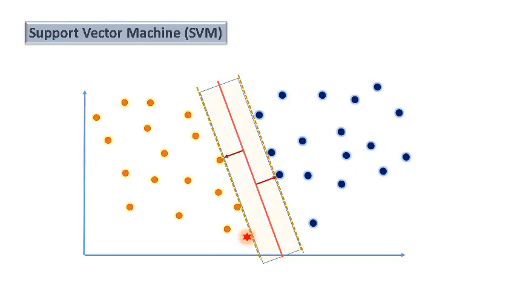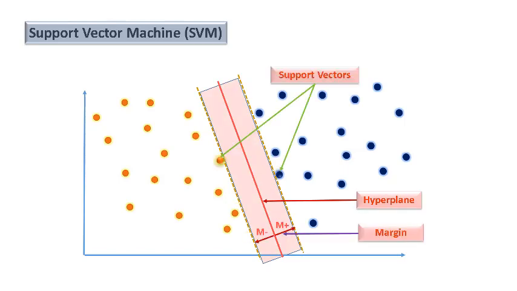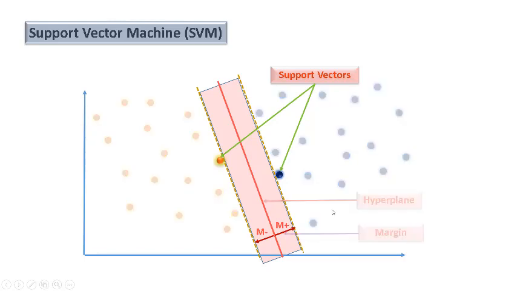The distance between these two lines will be m plus and m minus, and this red line is a hyperplane, and these two dots are called support vectors. Why is it called a support vector? I come to this line, I come to this point. So the hyperplane, and these are the margins m plus and m minus, which are basically distances. So margin, hyperplane and support vector are very important topics.